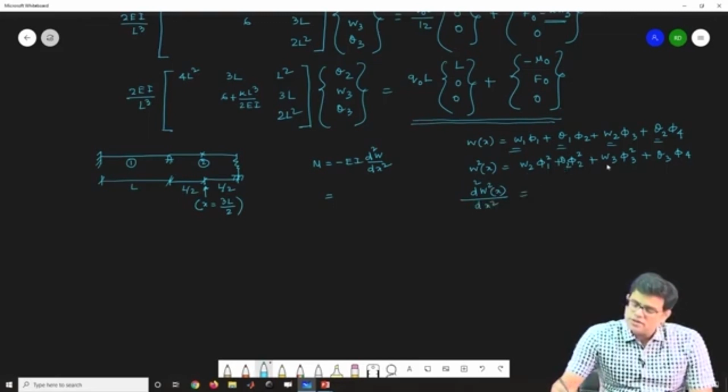Now these are constants, essentially, and these are my functions of x.